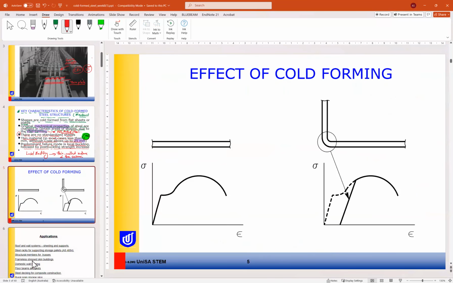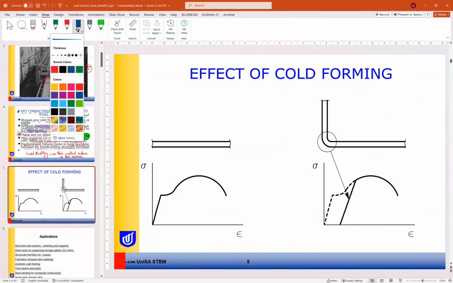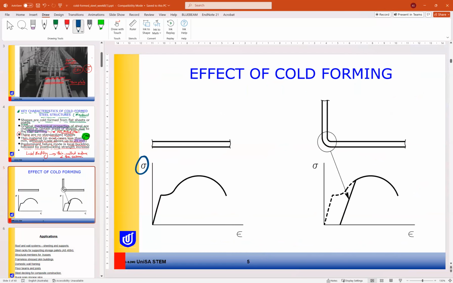Okay, so let's quickly have a look at these two diagrams here. As you can see in these two diagrams, we have a comparison between the stress strain curves of steel.